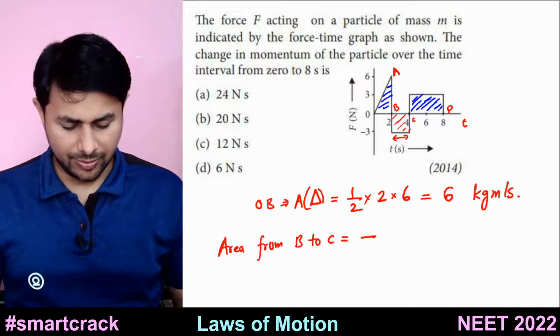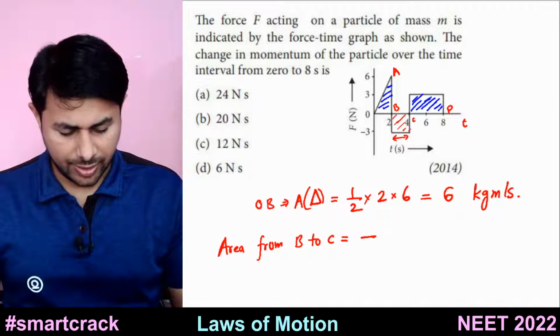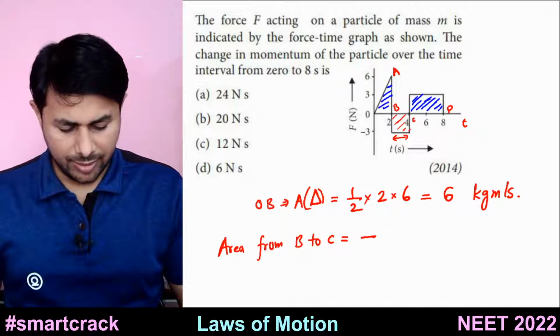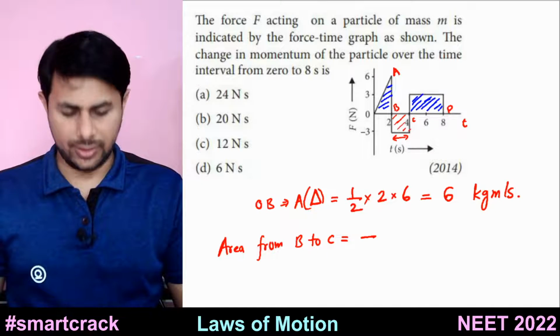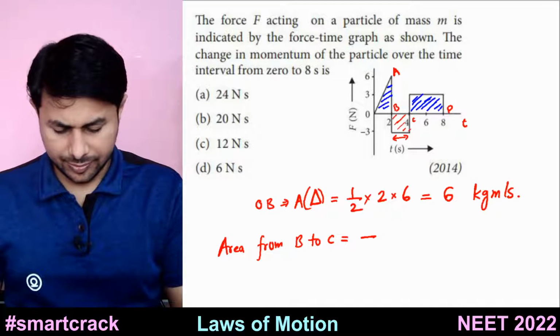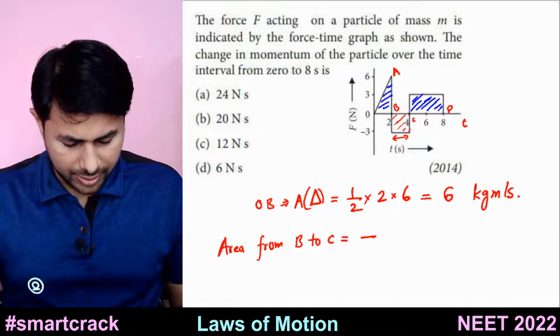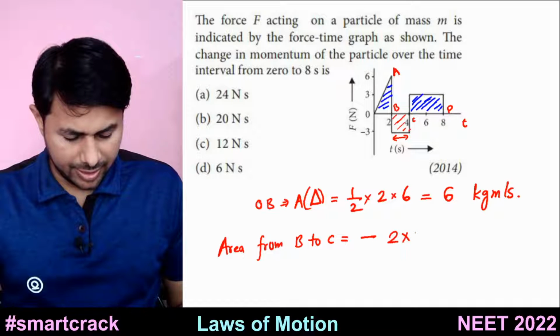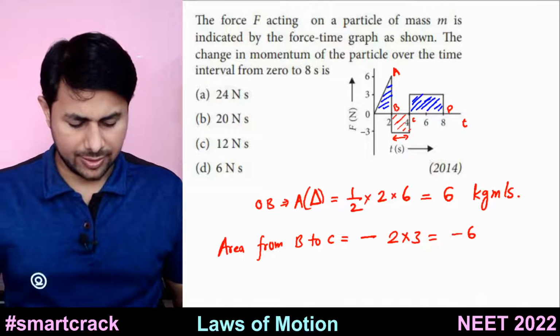So it is minus of this distance from B to C multiplied by this height. Okay, so height is 3, right? So it is 2 multiplied by 3, so it's minus 6.